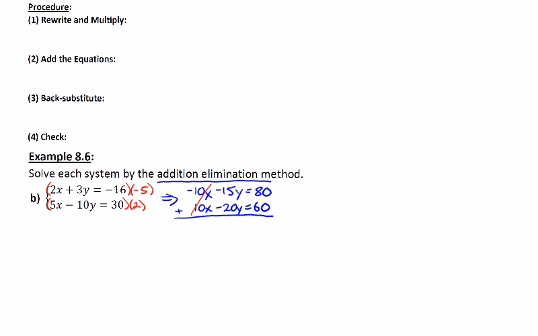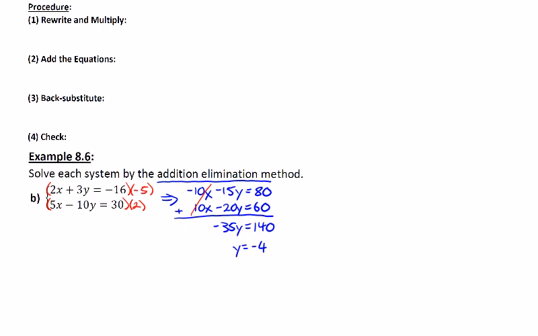So pick a variable, try to make it eliminate, and then we're going to end up in this example with negative 35y equal to 140, and then that would result in y equaling negative 4. So we'll go through the back substitution phase.